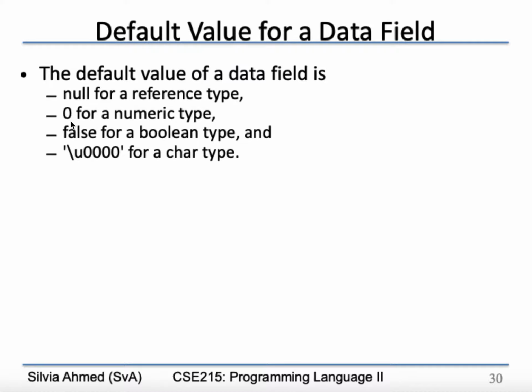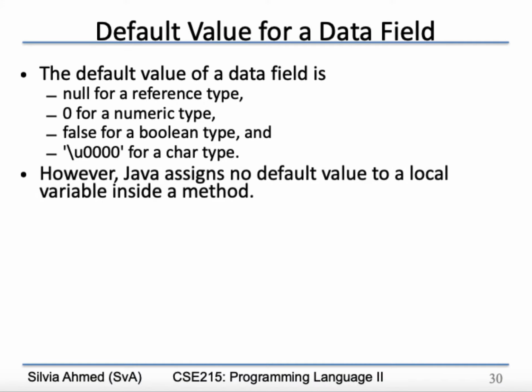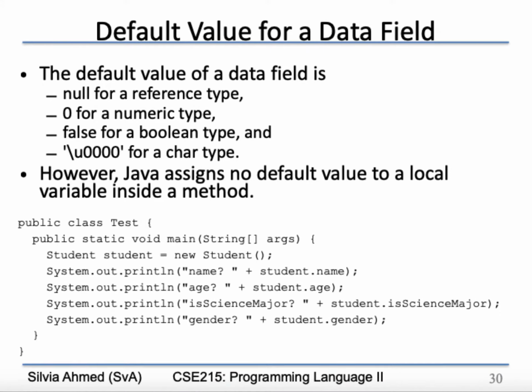For boolean type, the default value is false, and for character type, the default value is the null character. But we need to keep in mind that when the types are used for a local variable inside a method, there is no default value. The default values are assigned only when the variables are data fields of a class.